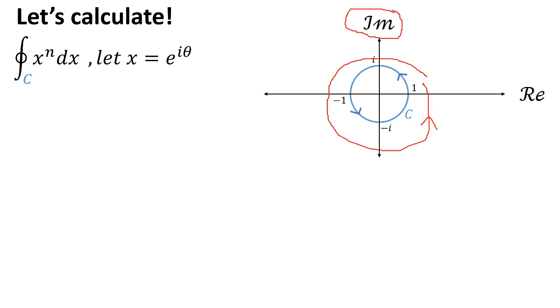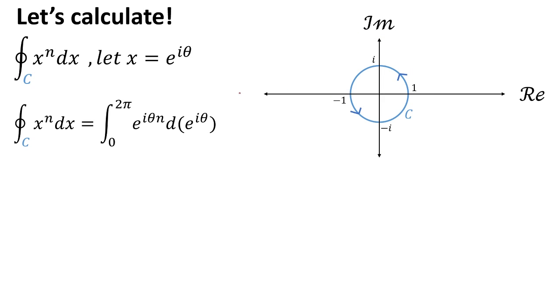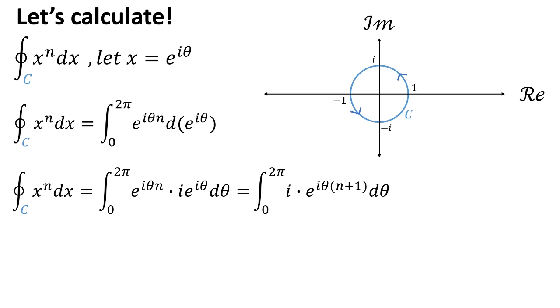What is a good way to make a nice circular path without any headaches? Well, that's just, of course, using the substitution x equals e to the i theta. As you can see here, we're going to make that substitution. For every x, you just put in e to the i theta. Of course, you'll get a term here and a term here that you'll have to take care of by differentiating.